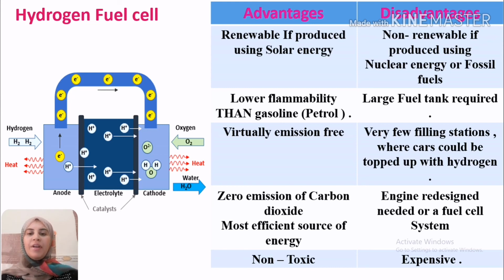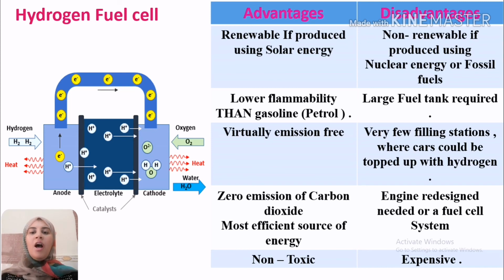This type of burning reaction is one of the environmentally friendly reactions. We have no carbon dioxide, no emissions, and the reaction is low toxic. So we are talking about one of the very important sources of energy.